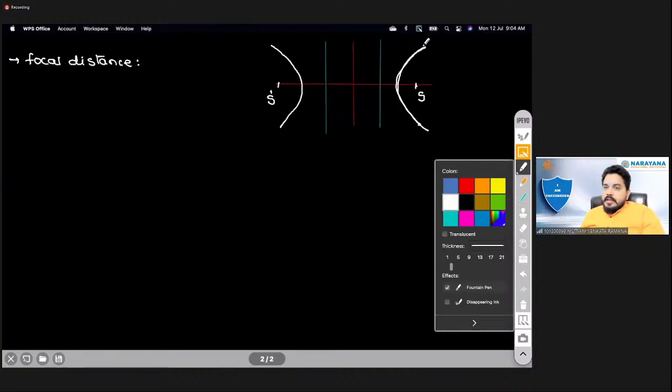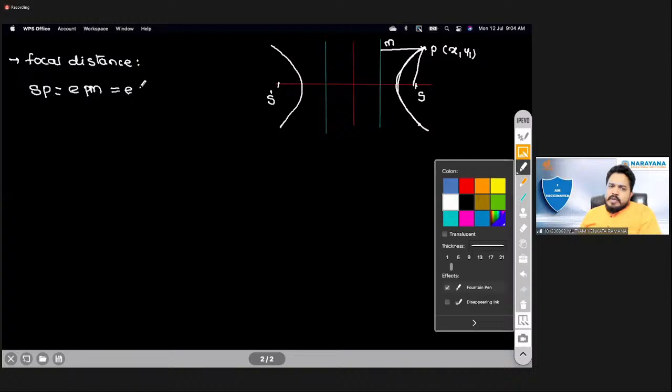So if I take a point P, let us say x1, y1. The focal distance SP is equal to e into PM. PM means this one.